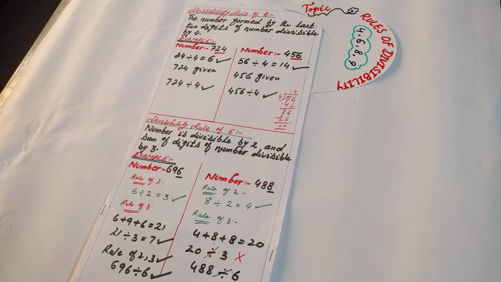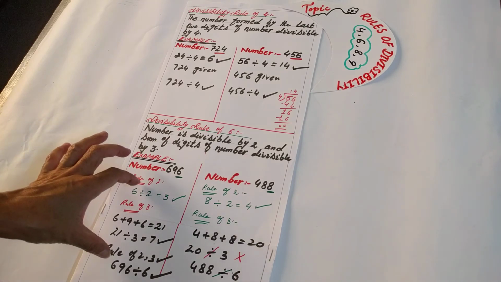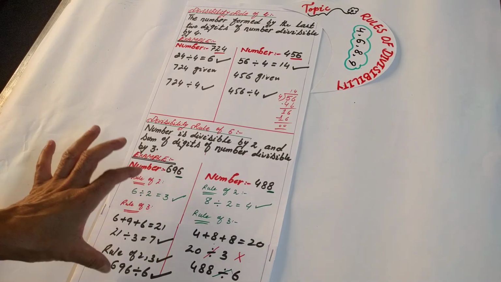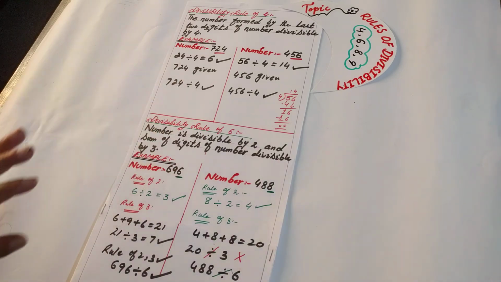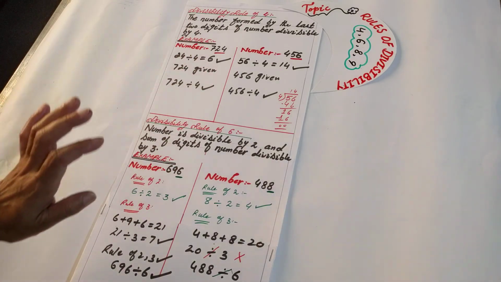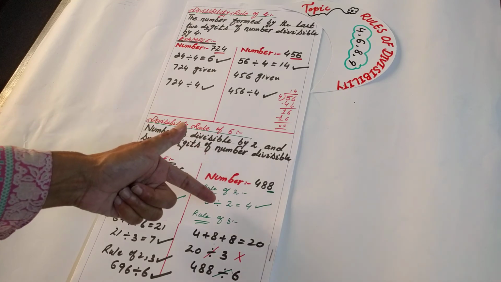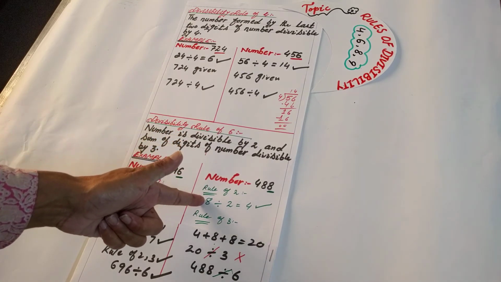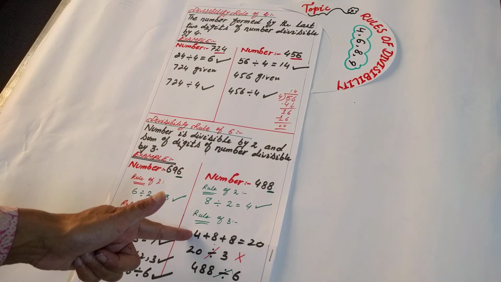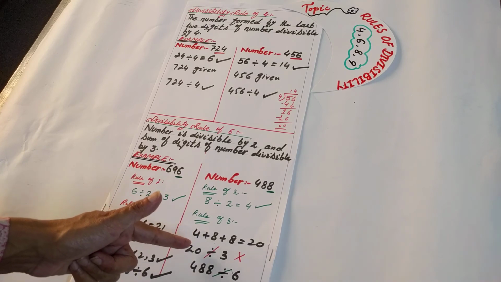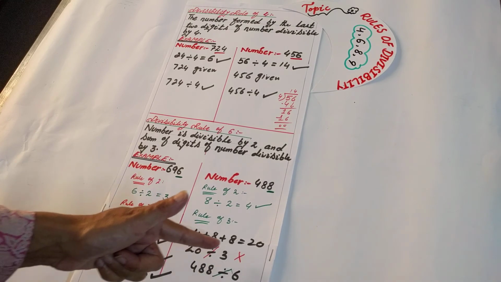Getting me? So for the divisibility rule of 6, both conditions should be satisfied. In the first example, both conditions were satisfied, so the given number was divisible by 6. But in the second number, the rule of 2 was applicable, but the rule of 3 was not applicable because 20 is not divisible by 3.